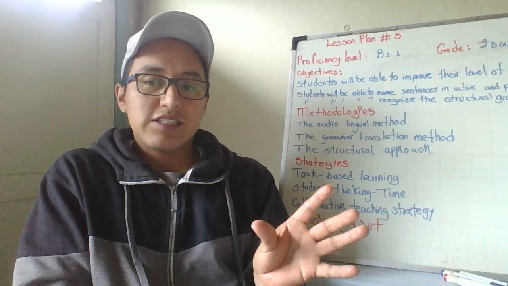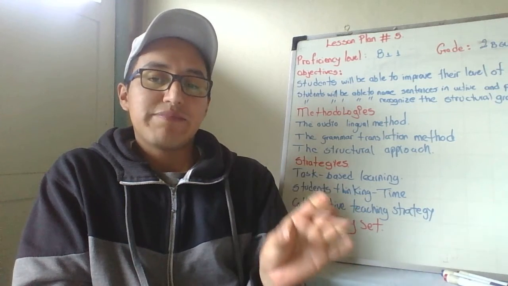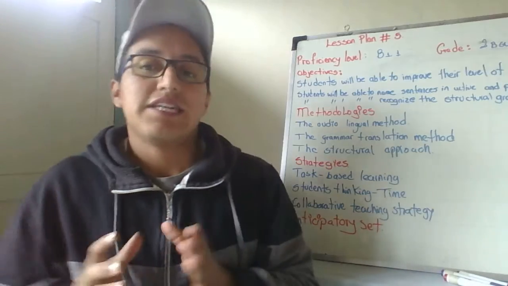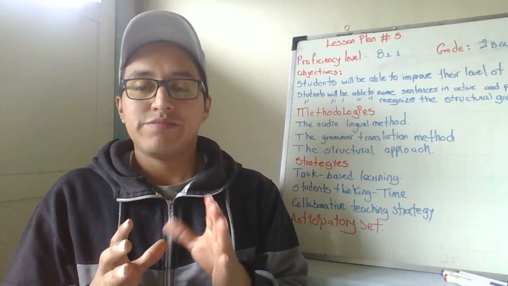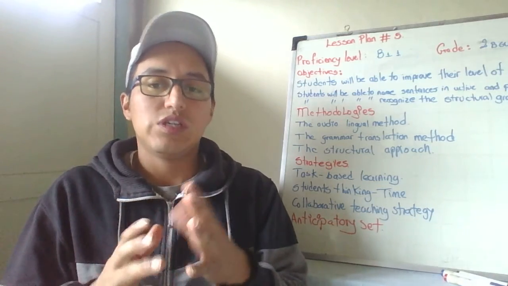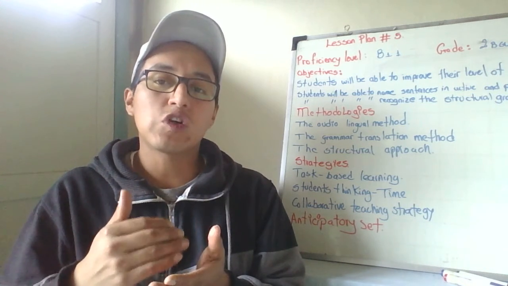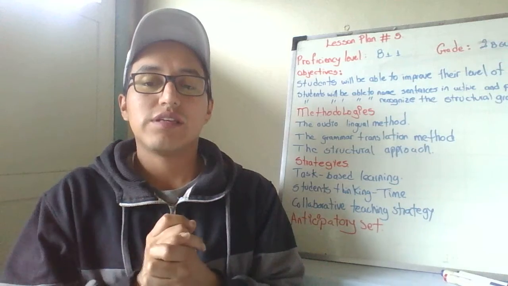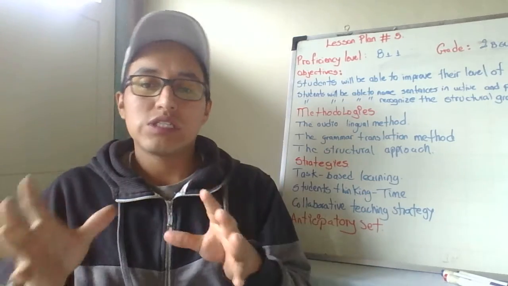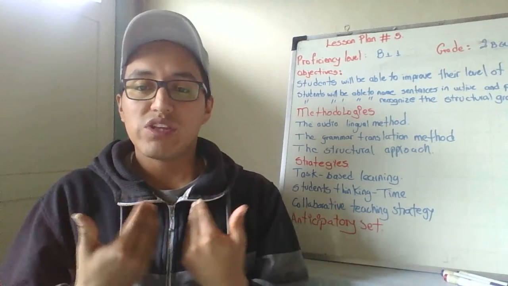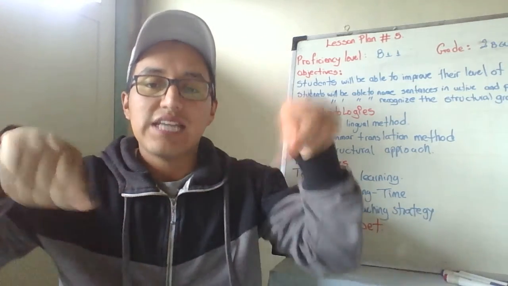I'm gonna explain the step anticipatory set. In this step, I'm gonna choose 4 students and invite them to go out of the class. Then the rest of the students will have to make some modifications inside the classroom.